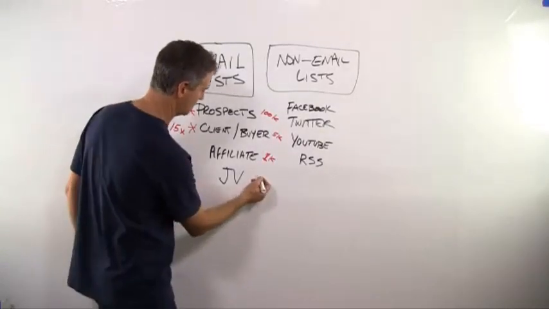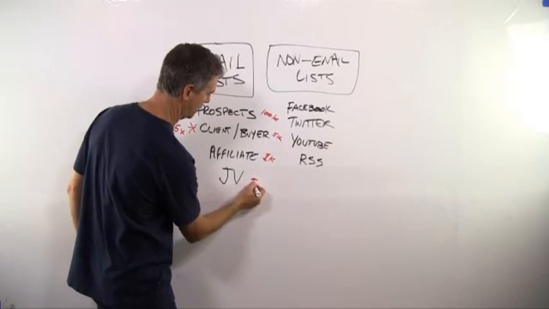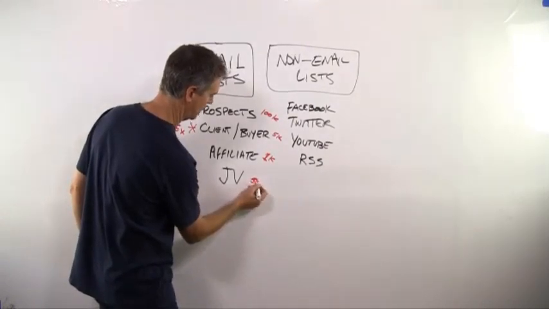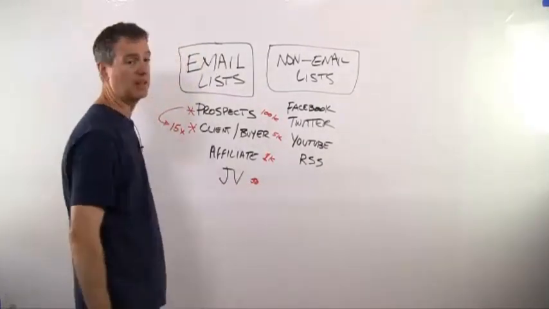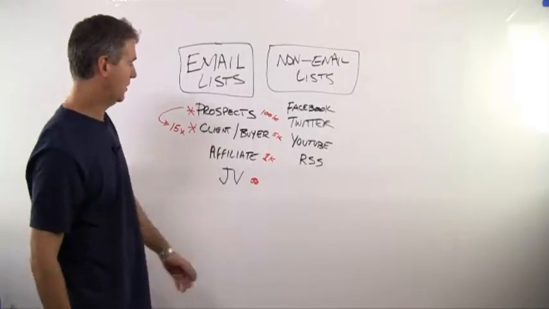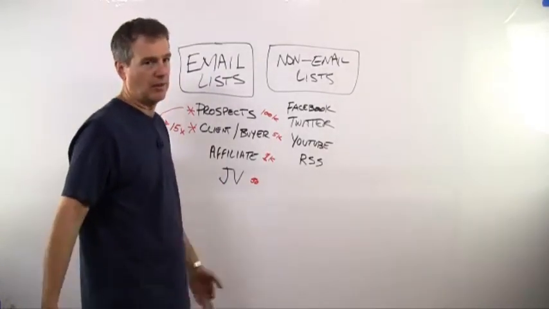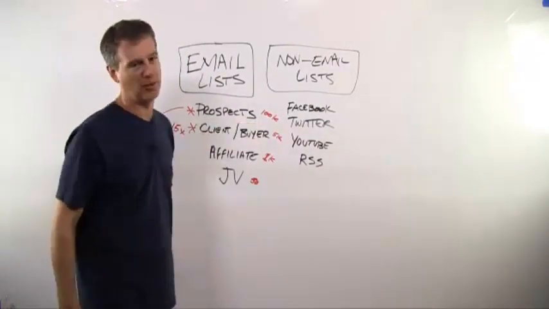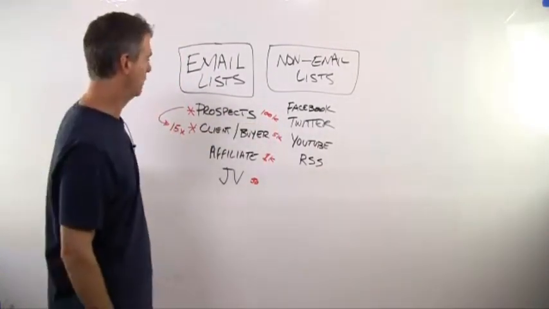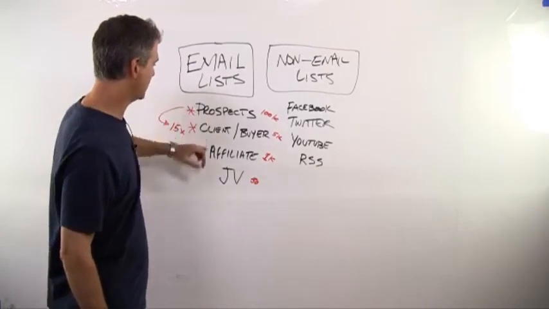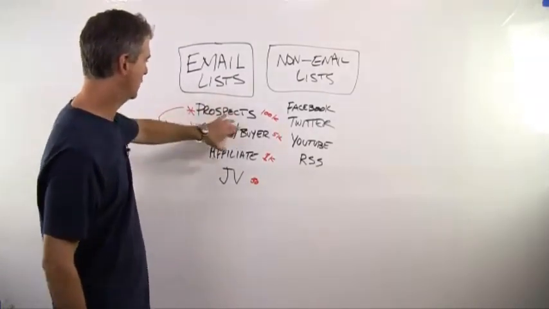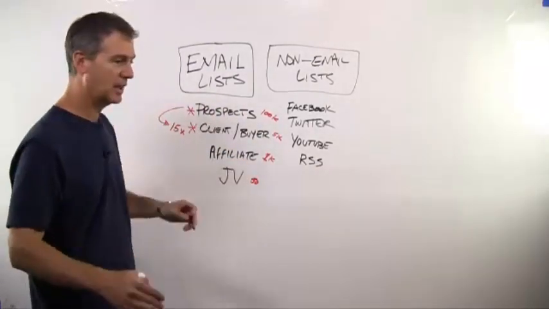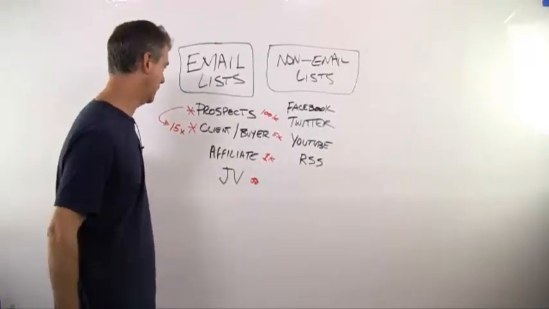My JV list might be 50 people. Someone on my JV list could be worth, on average, $20, $30, $40, $50,000 a year to me. These prospects aren't worth that kind of money to me. So I actually have these in order of decreasing number, but also per person value to me.